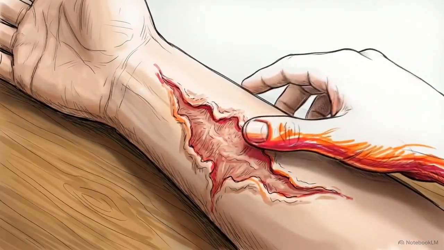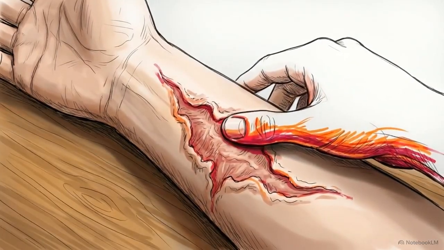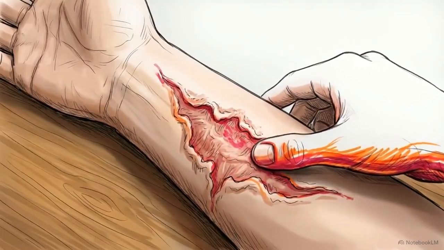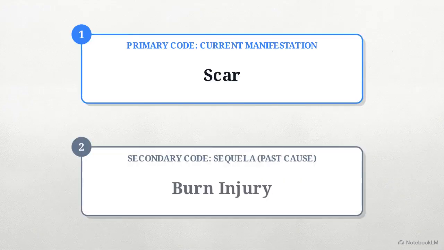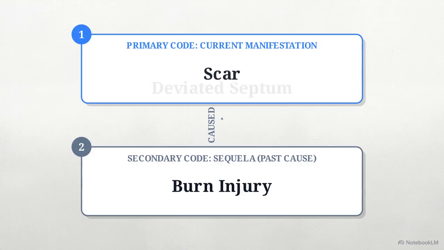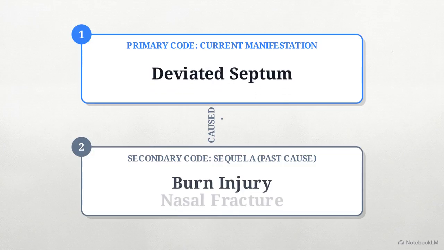Let's apply this to 3 scenarios, starting with a patient who has a scar from a severe, fully healed burn. The scar is what the patient has now, so it is sequenced first. The historical burn is sequenced second to provide the cause of that scar. In a case of a deviated septum resulting from an old nasal fracture, the logic remains the same.